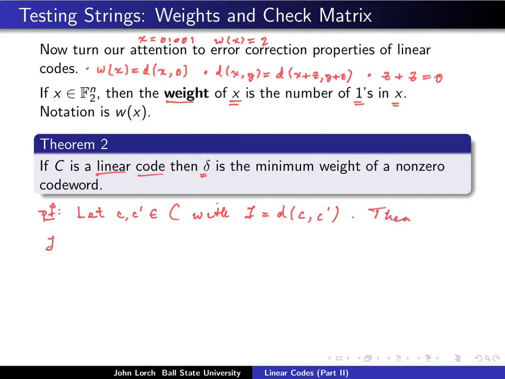Then delta is equal to the distance between c plus c and c plus c prime. Remember, all we're doing is taking this initial distance and adding c to both strings. But remember, c plus c is the 0 string.